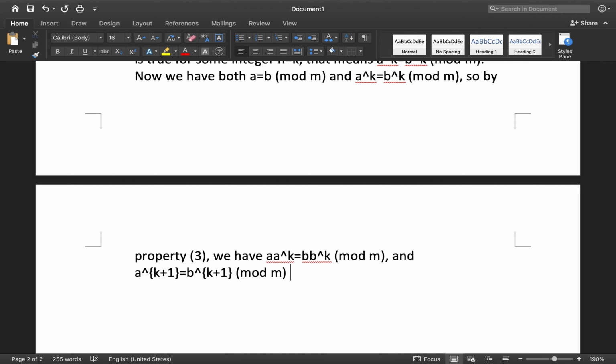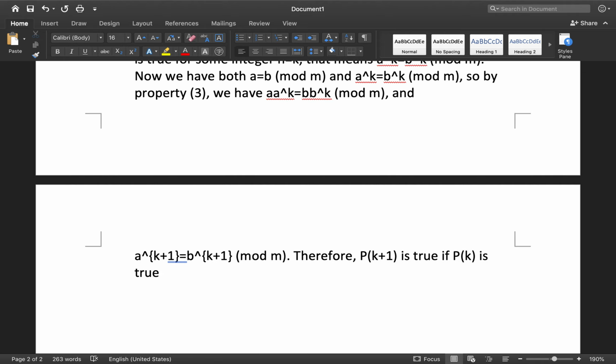So we have it. Therefore we just proved P k plus 1 is true if P k is true. This is exactly the induction step.